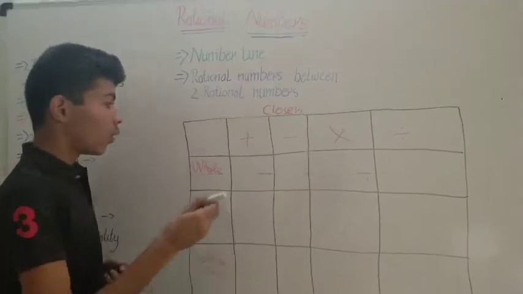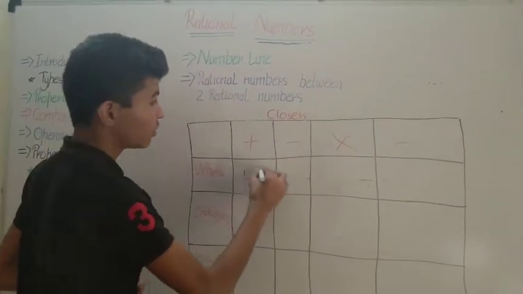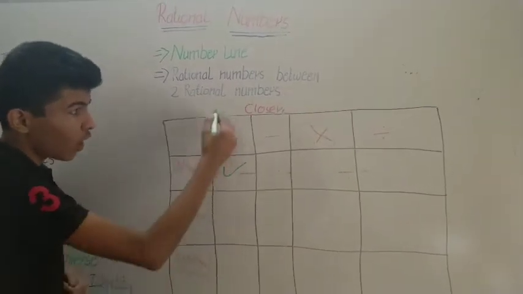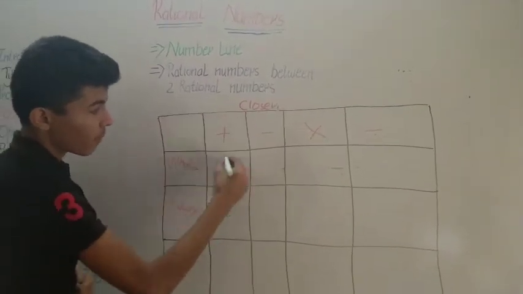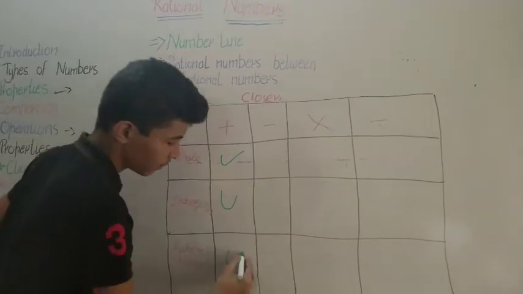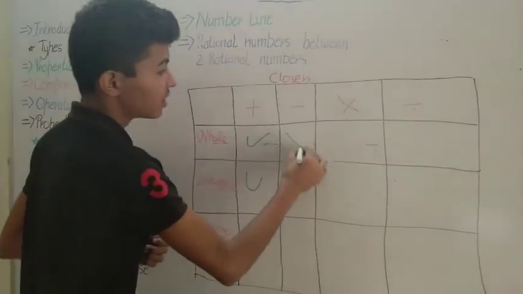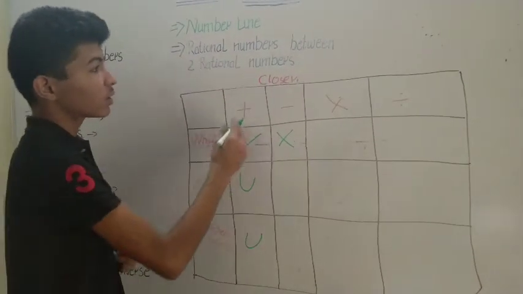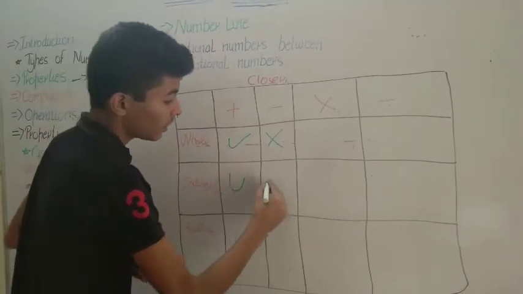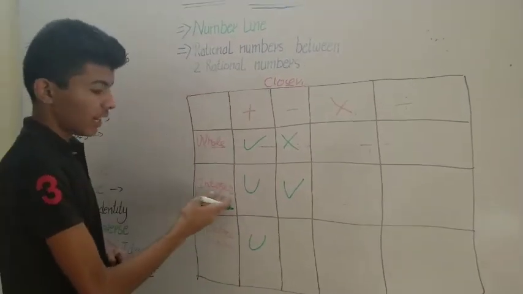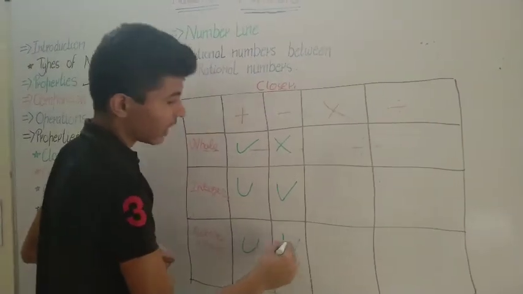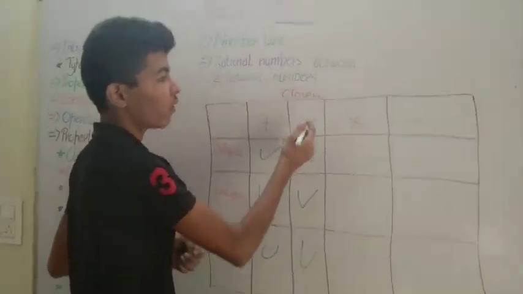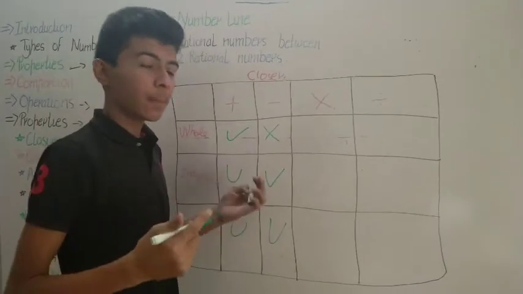Now all the numbers are closed under addition. Under subtraction, the whole numbers and the natural numbers do not follow the closure property, only the integers and the rational numbers do.